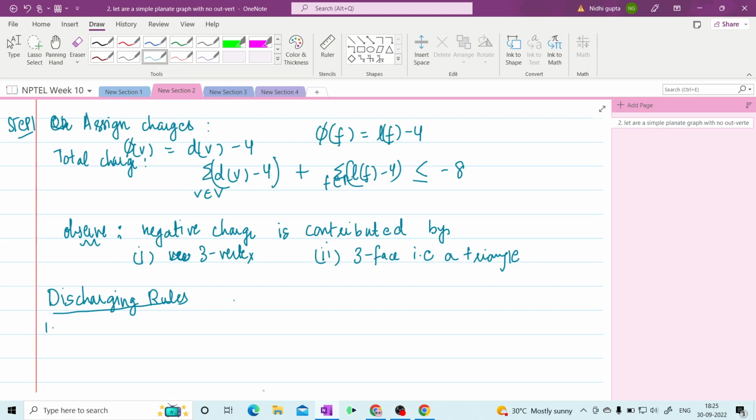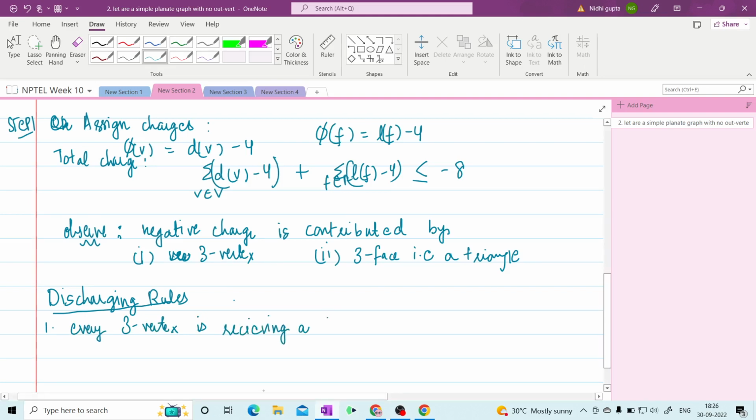So the first rule is that every 3 vertex is receiving +1/3 charge from each of its incident faces.